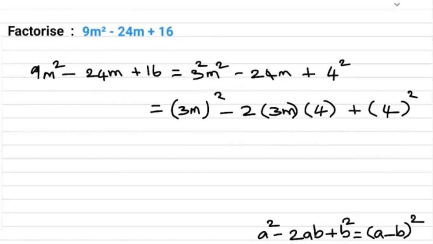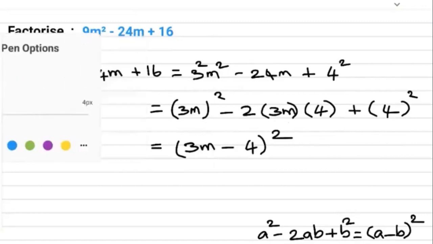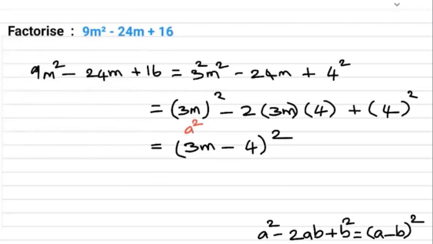So when you multiply, 2 into 3 is 6, 6 into 4 is 24m. So the answer will be (3m − 4) the whole square. So a is 3m and b is 4. So a² − 2ab + b².